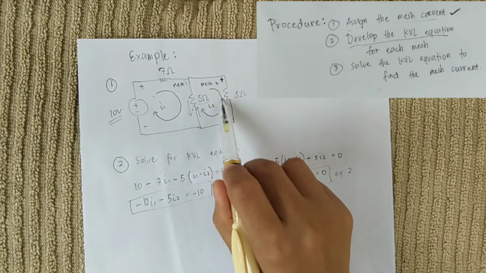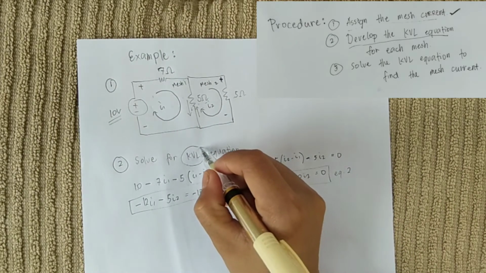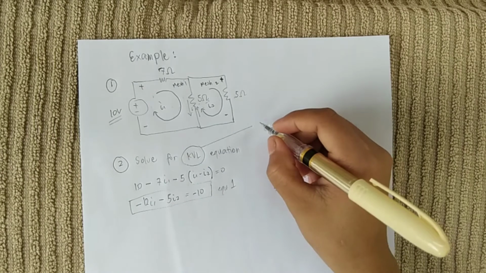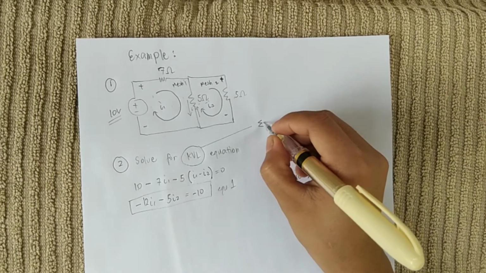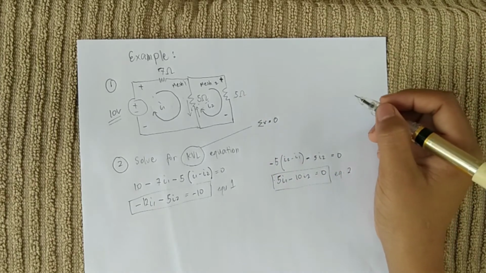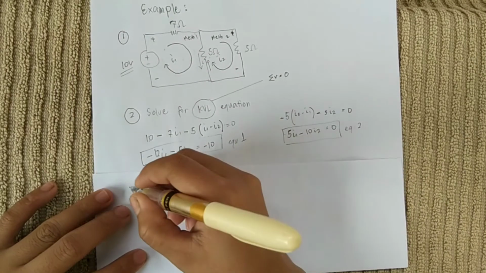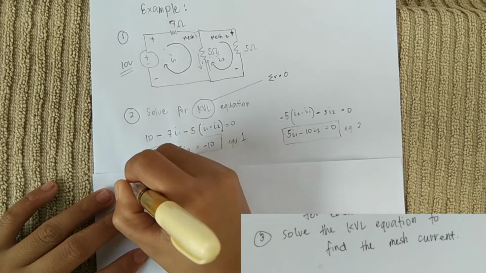So the direction is clockwise. We don't forget that KVL, or the Kirchhoff's voltage law, says the sum of all the voltages is equal to 0. So it's always a reminder.